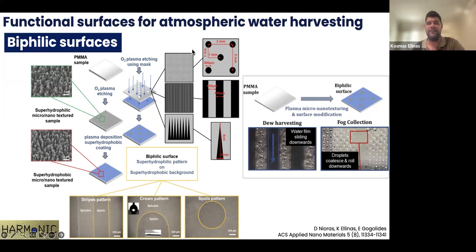So here we have tested several designs having biophilic surfaces, so both superhydrophobic and superhydrophilic areas in different concepts, one with spots, one with parallel lines, and one with triangles, hydrophilic triangles inside superhydrophobic background.